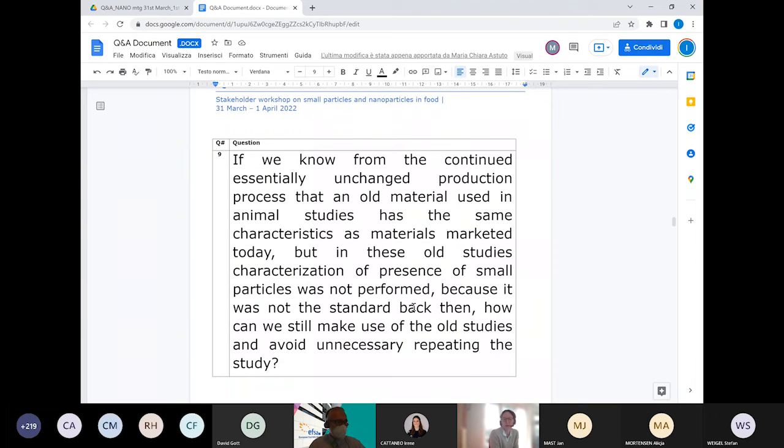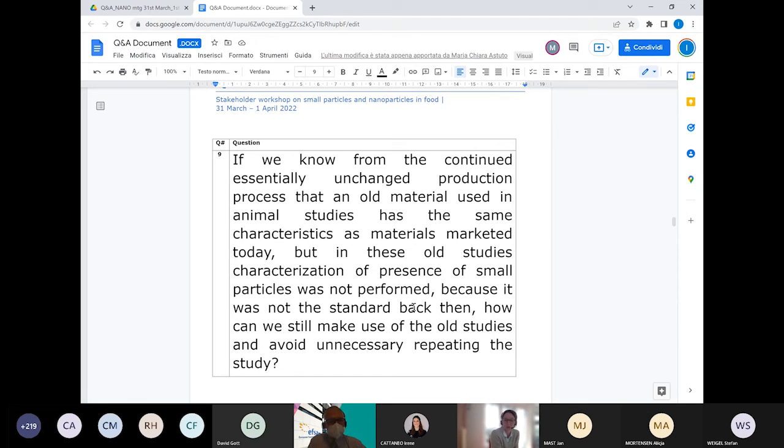Can this toxicity study still be used and avoid unnecessary repeated animal testing? The answer is, of course, up to a specific panel or working group that is doing the risk assessment, but in general, yes, it can be used in a weight of evidence approach.